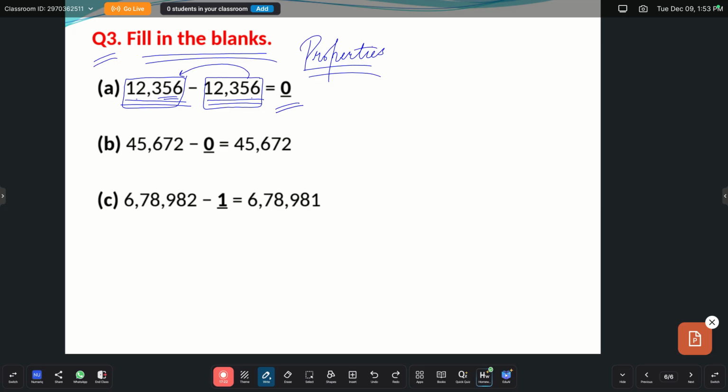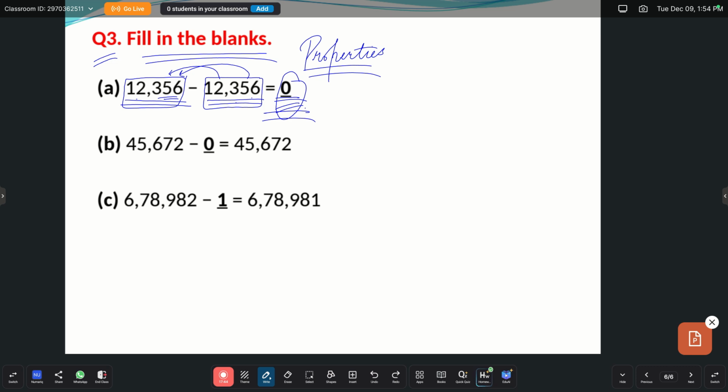Tell me what is left with you? There is nothing left with you. So the answer will be 0. Our property was that whenever we subtract a number from itself, the result is always 0. So in this blank, we will write down 0.